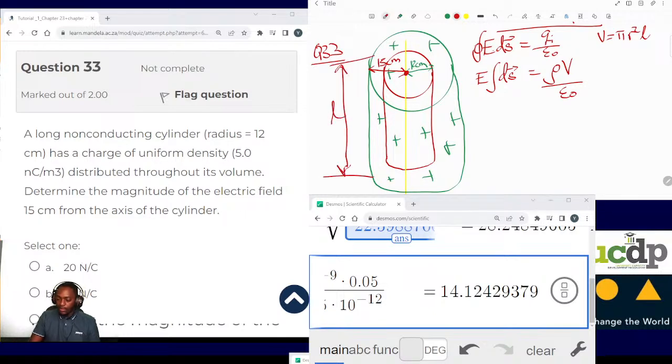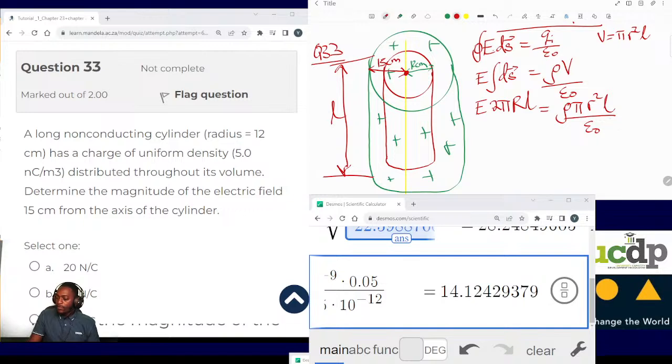And what do we know from that? Our surface area gives E times 2 pi R, where R is our 15 centimeters Gaussian surface, which equals rho pi r squared L over epsilon naught.